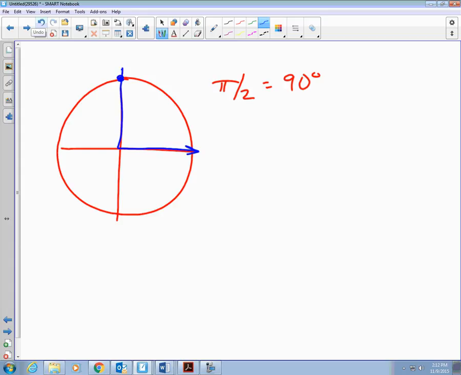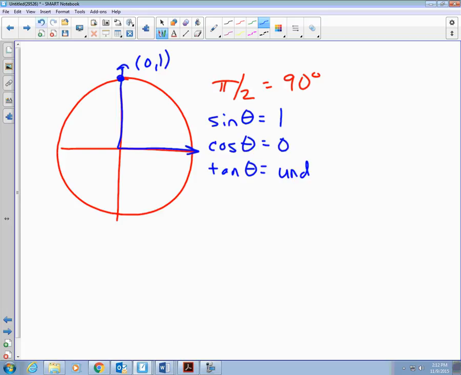Do you know the point at which it intersects? What is it? 0, 1. Sine is the y value, cosine is the x value, which is 0. And tangent, we take y and divide it by x. What is 1 divided by 0? Undefined.